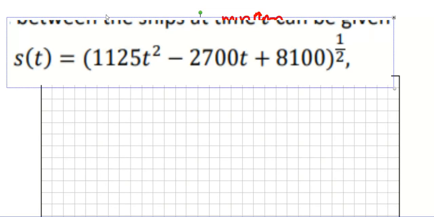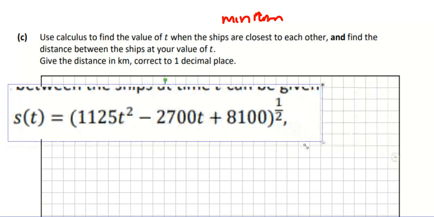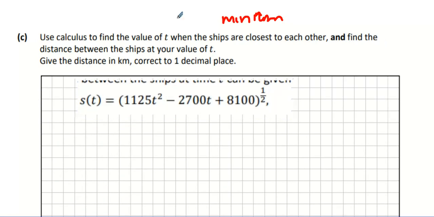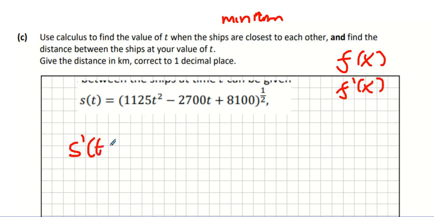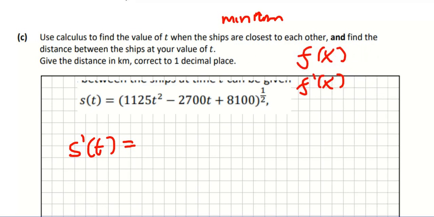Now, let's have a look at how we differentiate something like this. First of all, if we're differentiating f(x), the first derivative will be f dash x. So this means the first derivative is s dash t. Secondly, if I ask you to differentiate something like 3x squared minus 5x to the power of a half, or to the power of 5 even, how I do this is I bring the 5 to the front and take 1 away from it. 5 to the front, and then keep the chain the same.